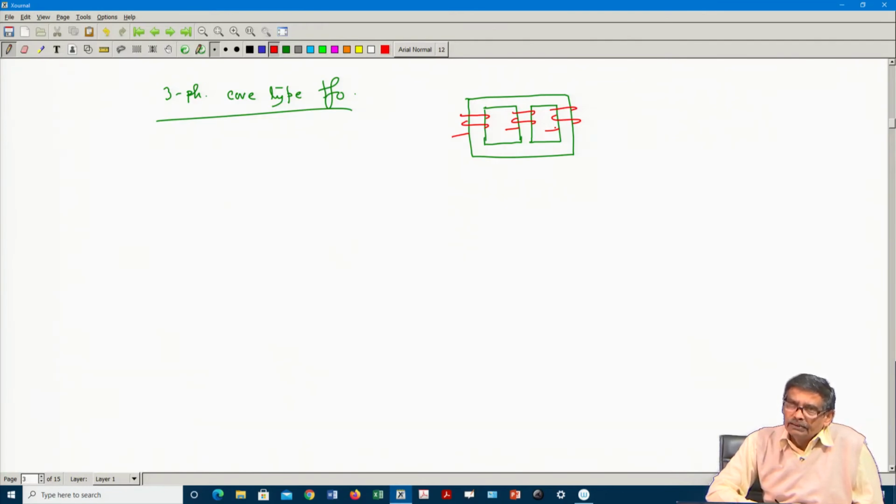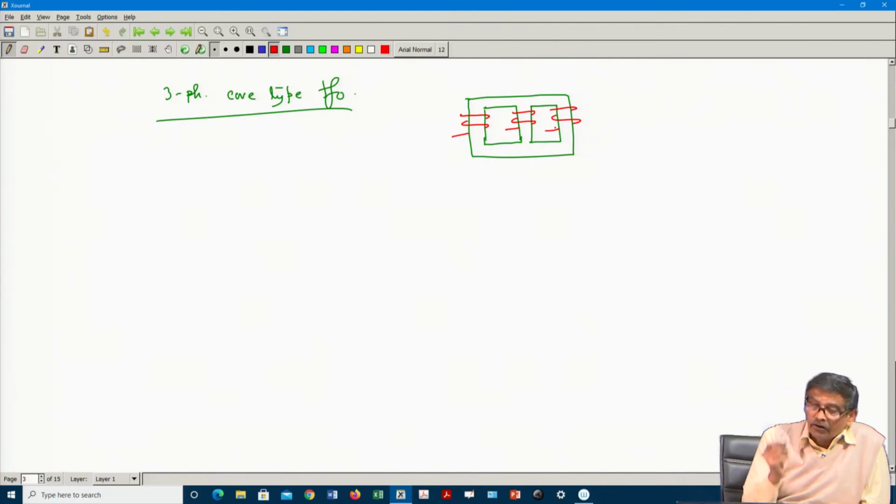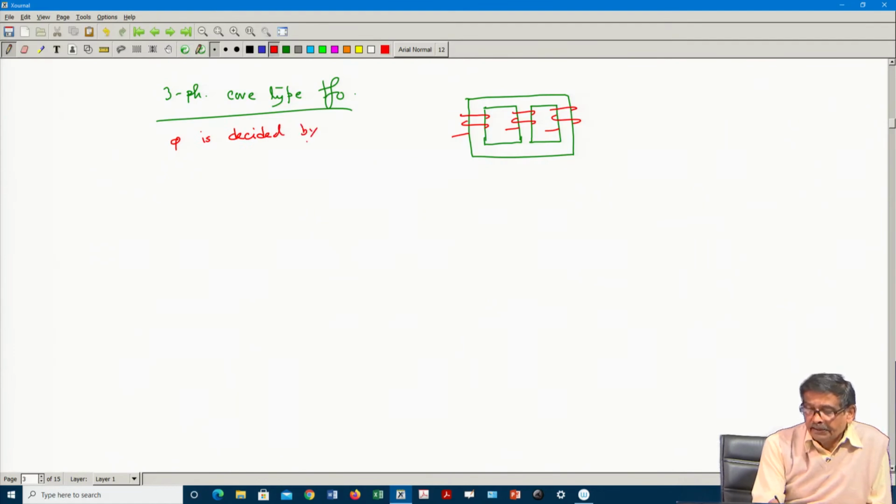in a coil which is on an iron core? Recall that the flux is decided by the supply voltage and the supply frequency. Always remember that frequency.